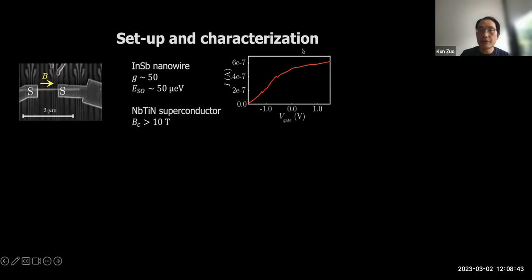So here is a figure of the typical IV curve characterization of a Josephson junction. We can clearly see that the nanowire opens up gradually as we increase the gate voltage, and finally opens up to a multi-mode regime. First things first, we want to confirm that we have superconductivity in the created Josephson junction in this device.